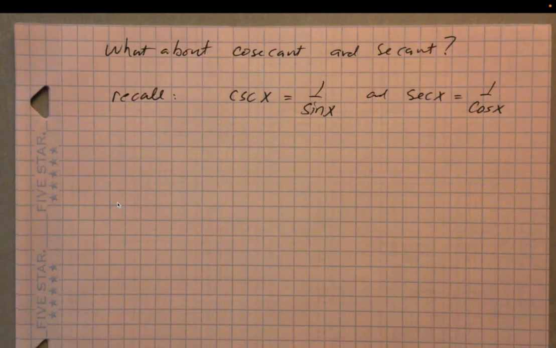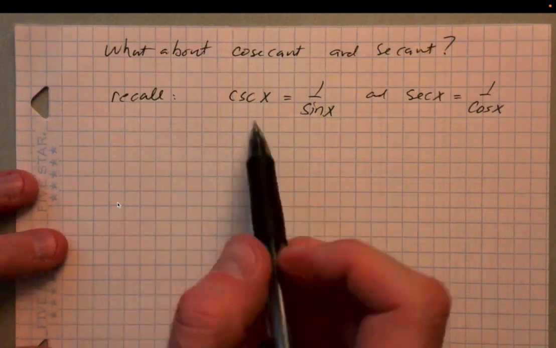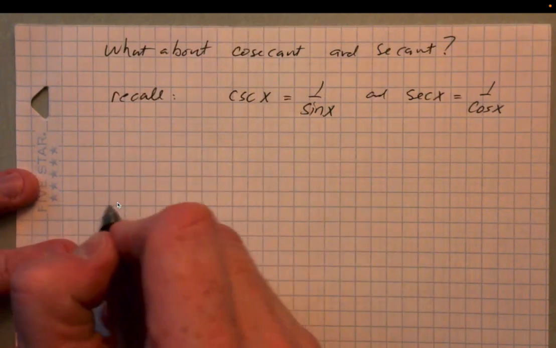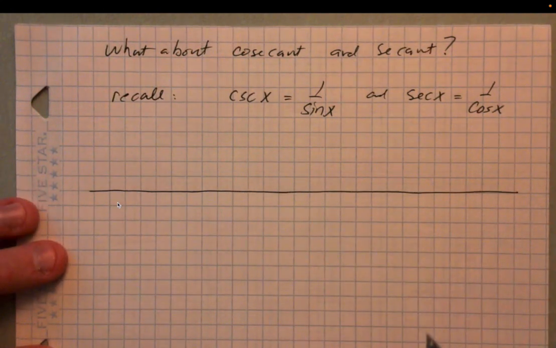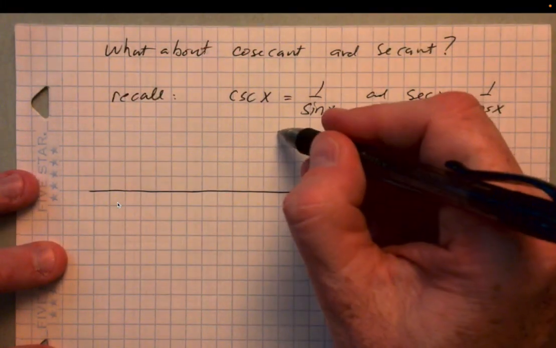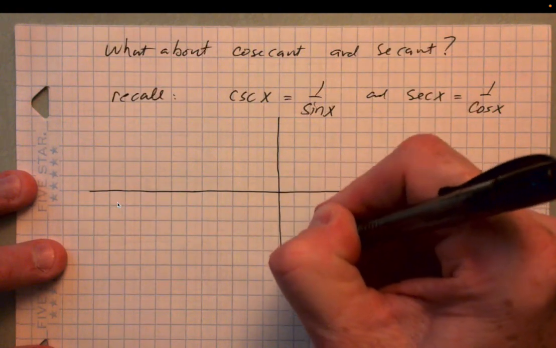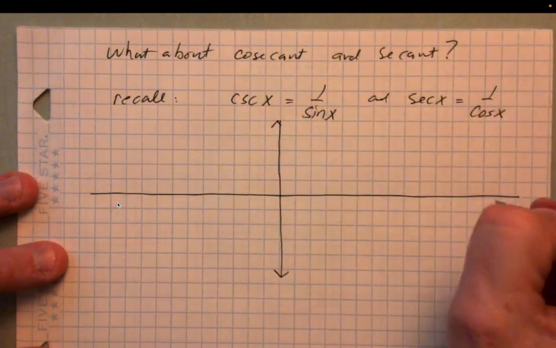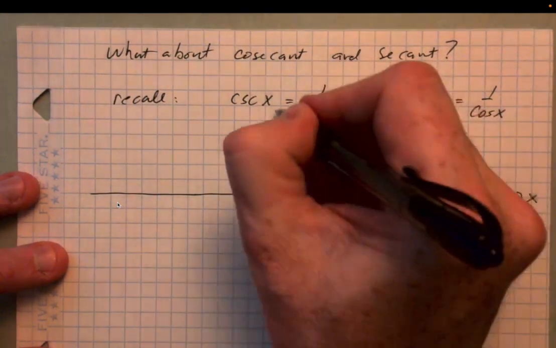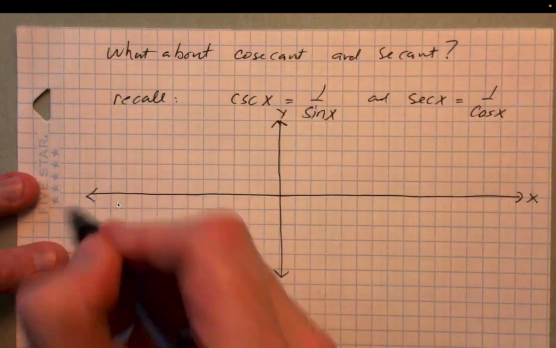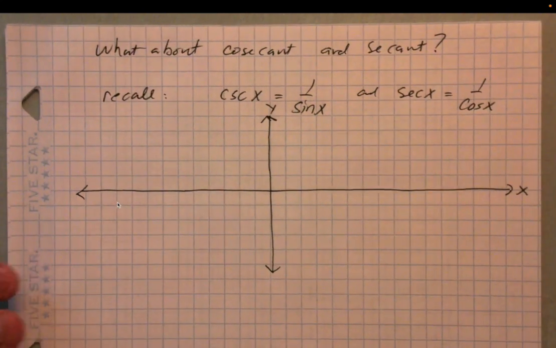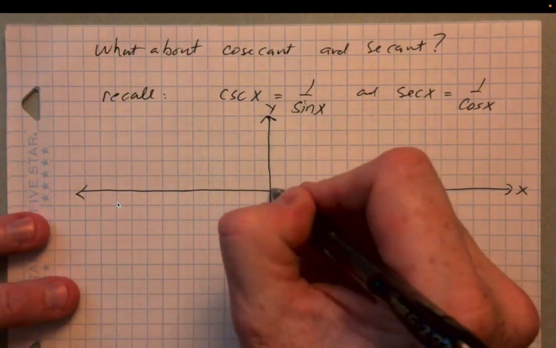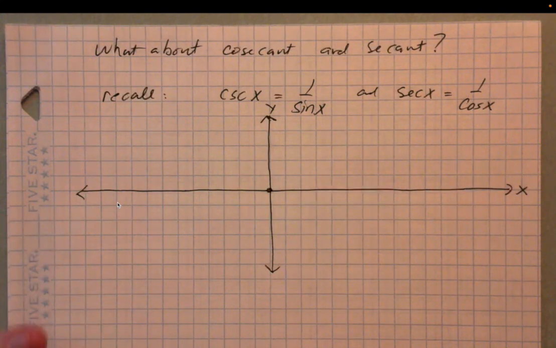Here's what the cosecant function looks like. Let me draw you an example of it. This is the base y equals cosecant. I've got my x-axis and my y-axis here. When I draw the cosecant, I want to start by drawing the sine function. The sine function starts down here at 0.